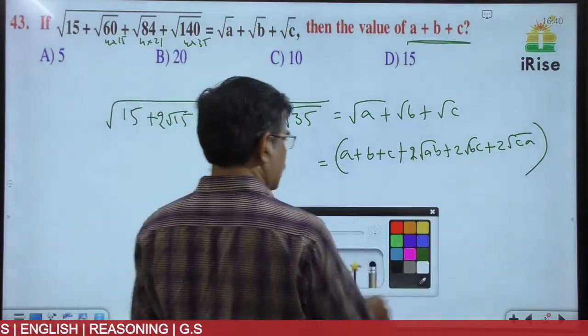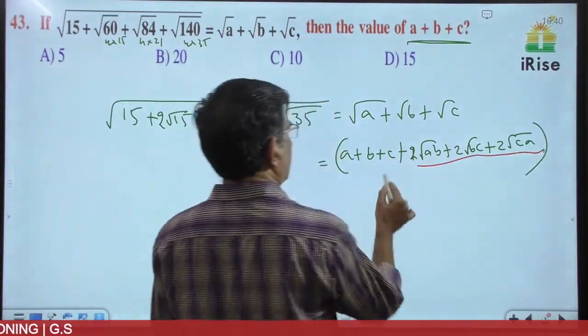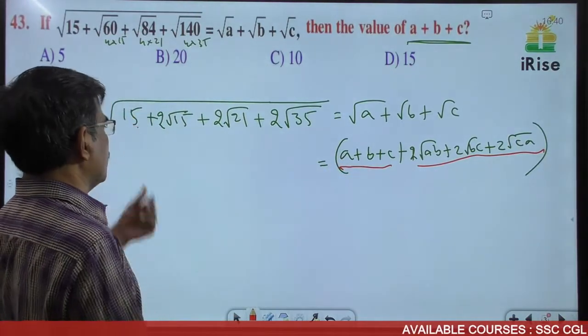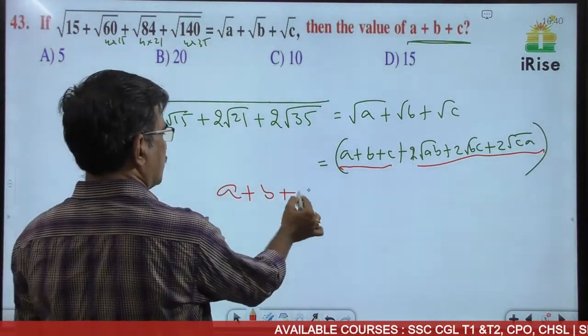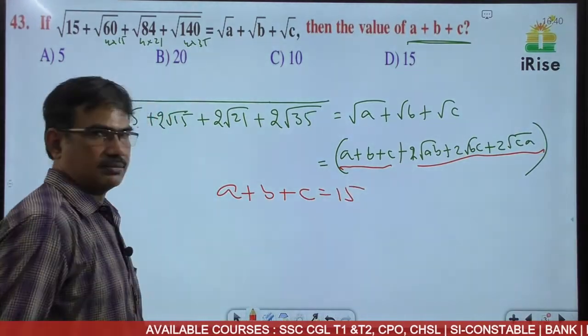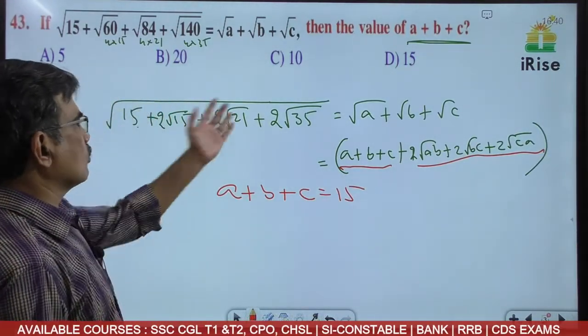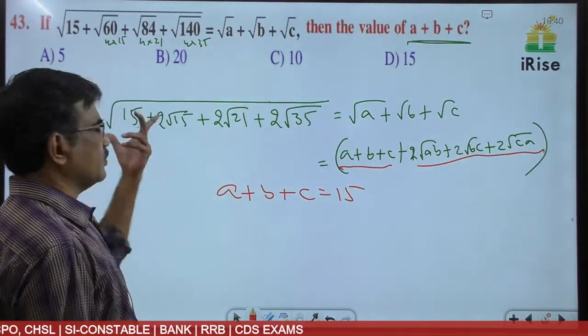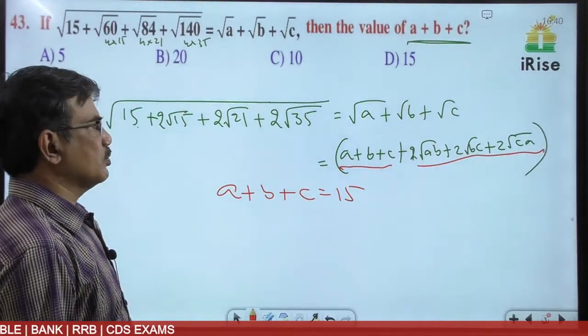So this is the irrational part, and this is the rational part. The rational part is a plus b plus c, and here the rational part is 15. So we say that a plus b plus c is equal to 15. That's all. It's a very simple question.